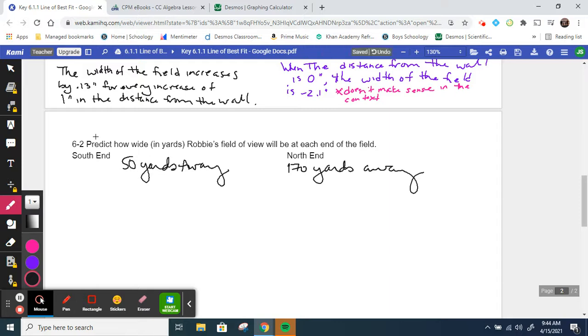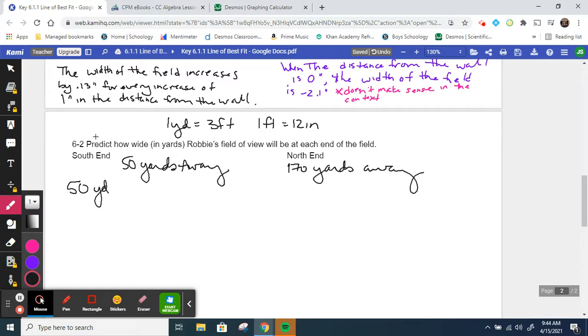Now, the information that we're given, our formula, if you remember, was in inches. So what I first need to do is convert this 50 yards into inches. You might remember that 1 yard is 3 feet, and 1 foot is 12 inches, so how many inches are in a yard would be 12 times 3.